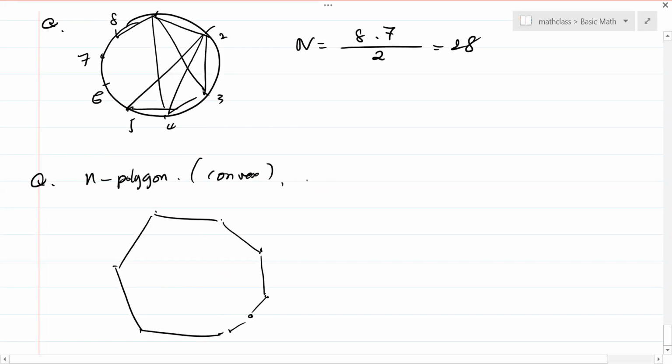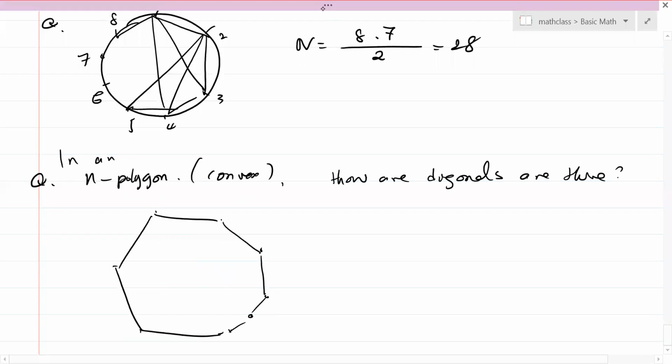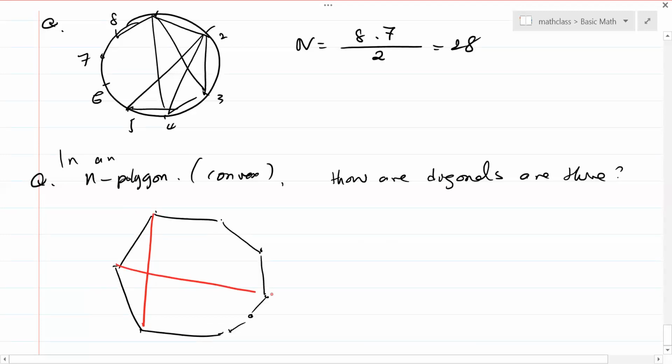In an n polygon, how many diagonals are there? Let me show you, this is a diagonal. This is also a diagonal. As long as this is a line segment not on the edge, that's called a diagonal. Please go ahead. Give me the formula.